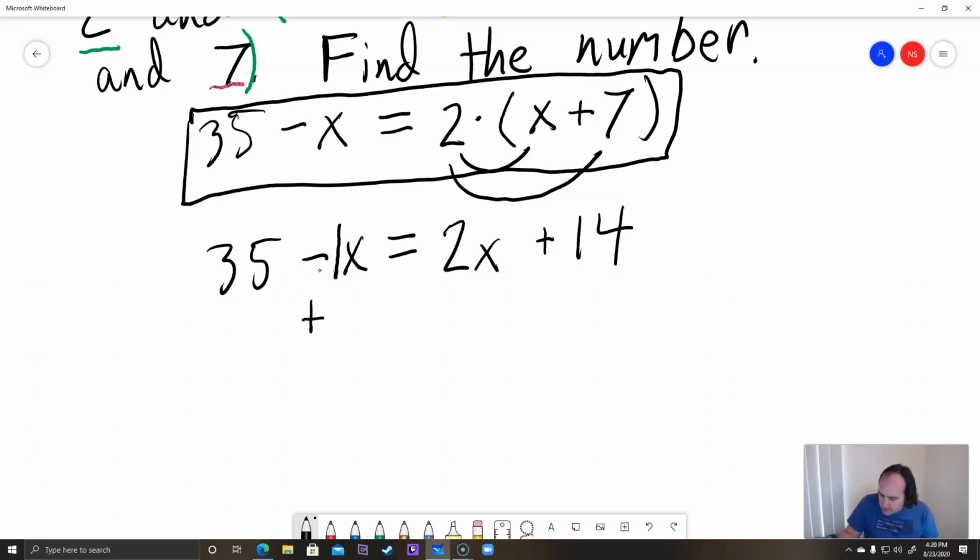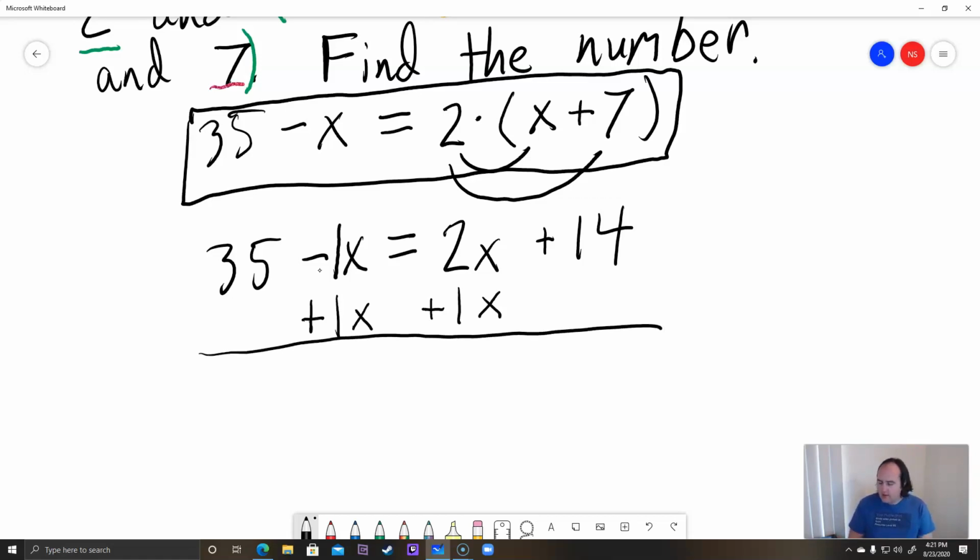Okay, and you don't have to write 1x, but I'll do it just this time, just for the sake of making it easy to understand. Okay, so we're going to add 1x to both sides, which is the same as adding x to both sides. On the left side, negative 1x plus 1x, those just cancel out and give you 0, so you have 35 left over on the left side.